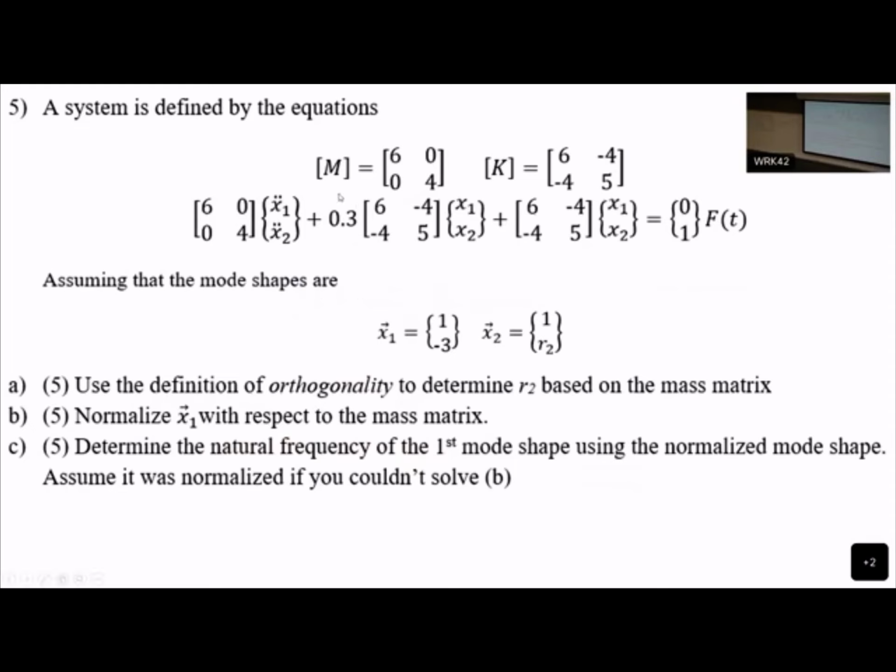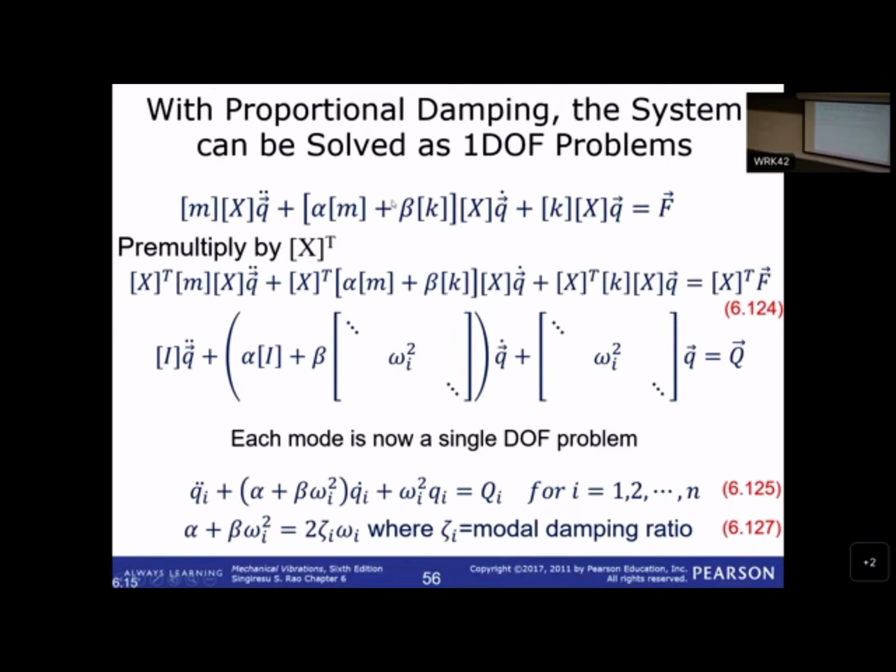Well, here is your damping term. Here's your K term. I'm spelling it out for you. So the 0.3 is beta.